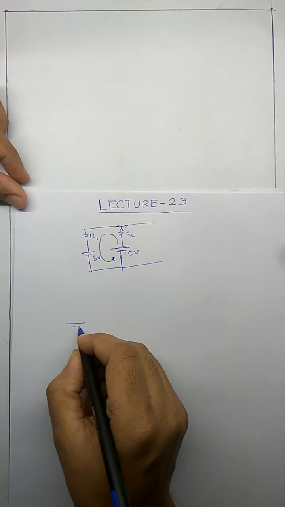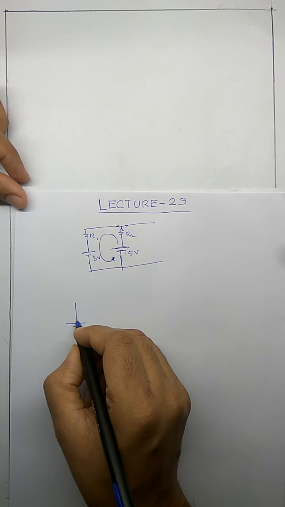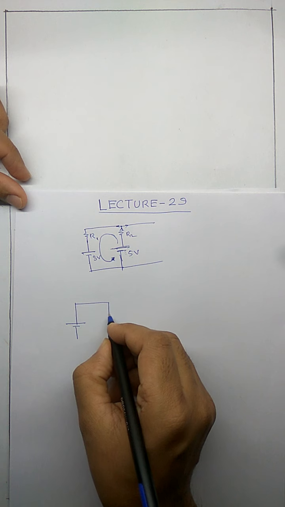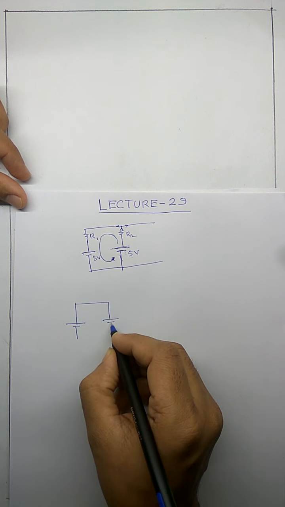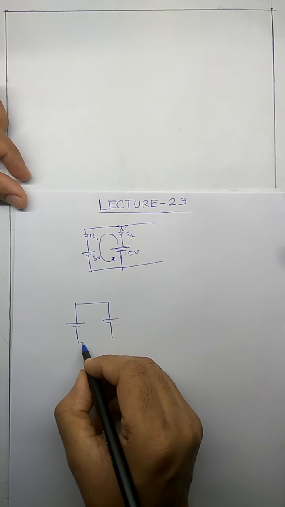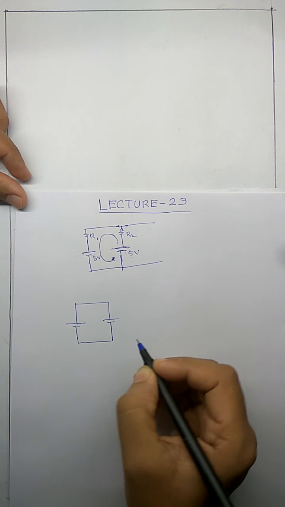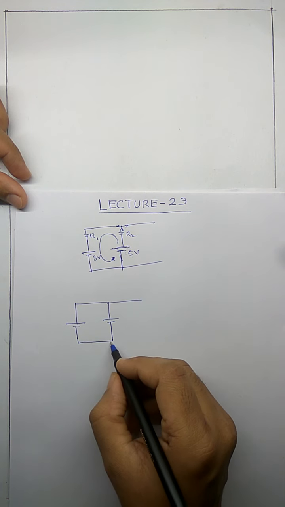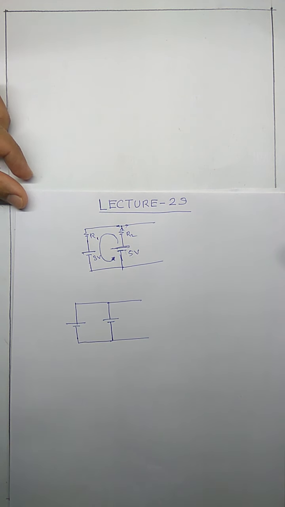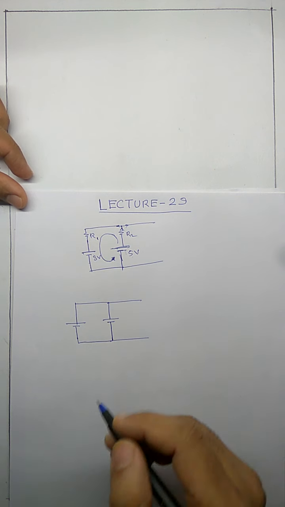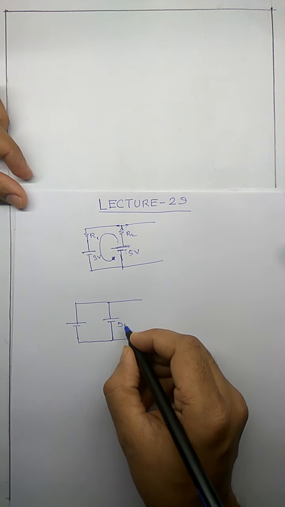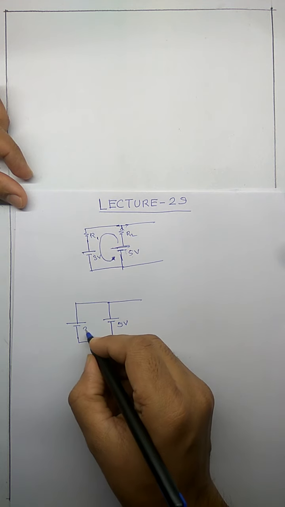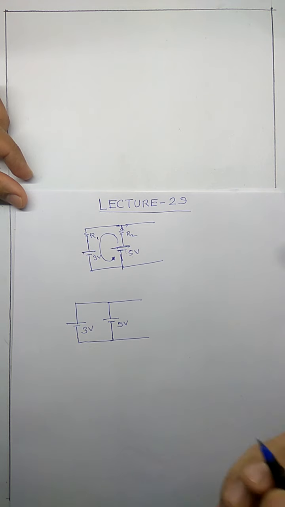Let's look at a case where the resistance of the sources is 0. If we consider an ideal voltage source, then the resistance of a voltage source is 0. So, let's say that these are two voltage sources having 0 internal resistance, one with a voltage of 3 volt and the other 5 volt.